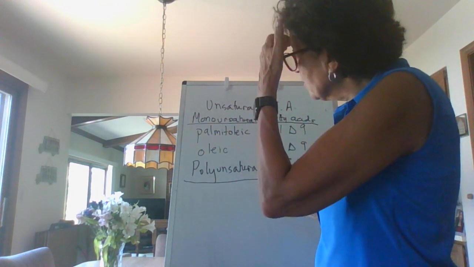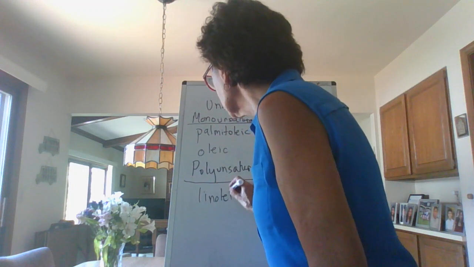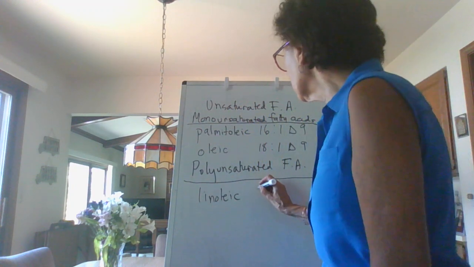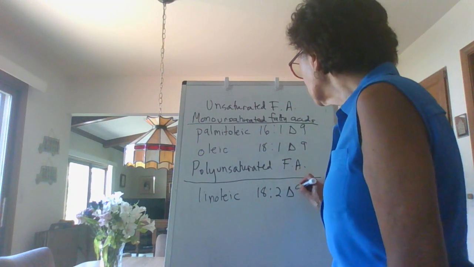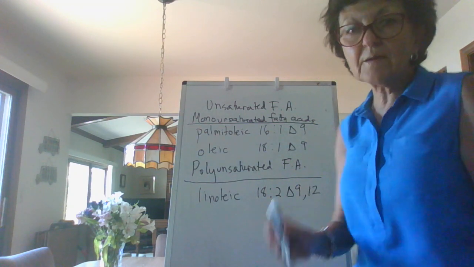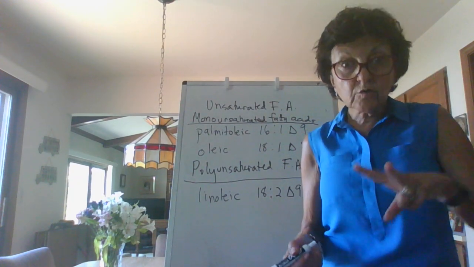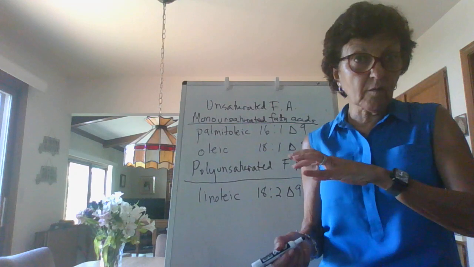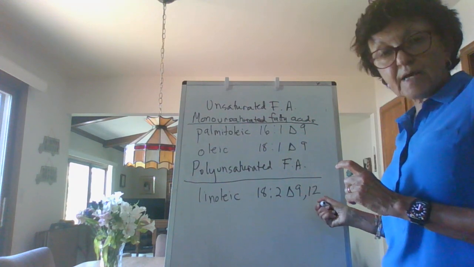The polyunsaturated, we're going to do linoleic acid. Linoleic is 18:2 delta 9 and 12. What does that mean? It means it has 18 carbons, and there are 2 double bonds because it's poly, not mono. And where are the double bonds? At carbons 9 and 12.